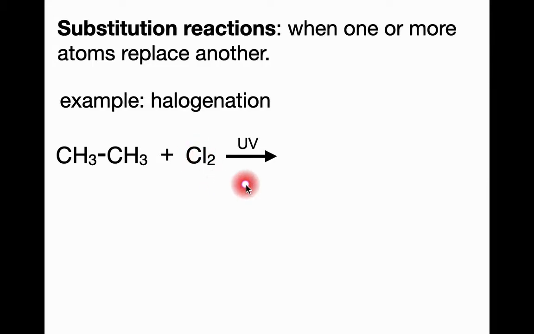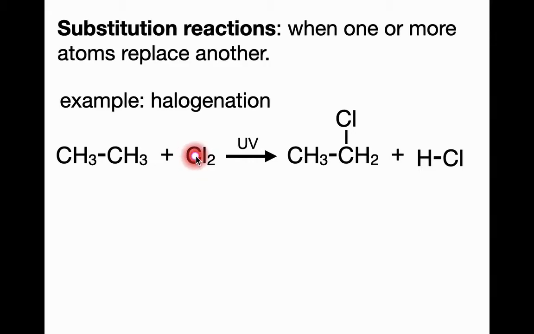Now, in fact, this will be one of the reactions that we'll look at in much more detail next week. Now, in this reaction, one of the chlorines is going to be replacing one of the hydrogens in the alkane, so it's substituted in. So we can see that here, we now have a halogenoalkane.